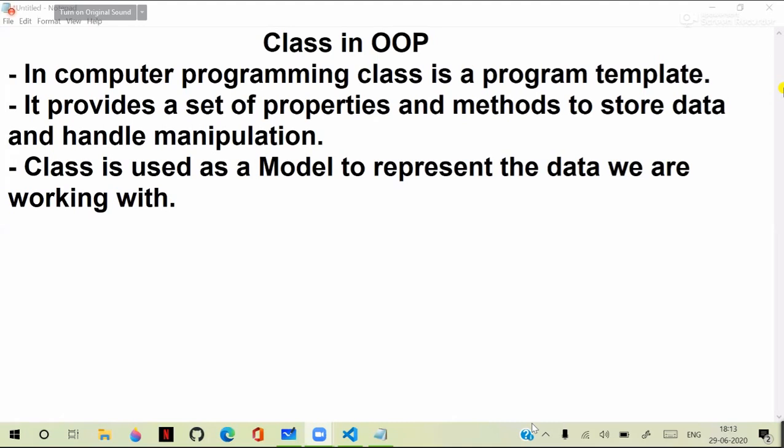Understood this point? When it is representing our data, right? When a class is representing the data that we are working with. Remember, you should not say entity.